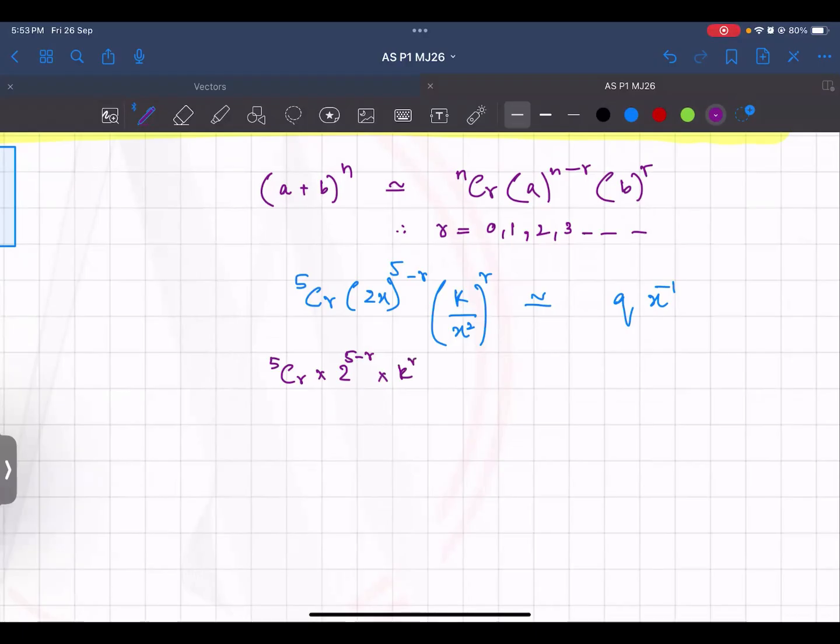K power r, this will also give you the number. What will give you the variable? x power 5 minus r and x power minus 2r. When you expand the bracket, this will become x power minus 2r. And when you expand the bracket, you will get x power 5 minus r. So look, I wrote down the coefficient part all over here. This will get you the coefficient. And this is the variable part.